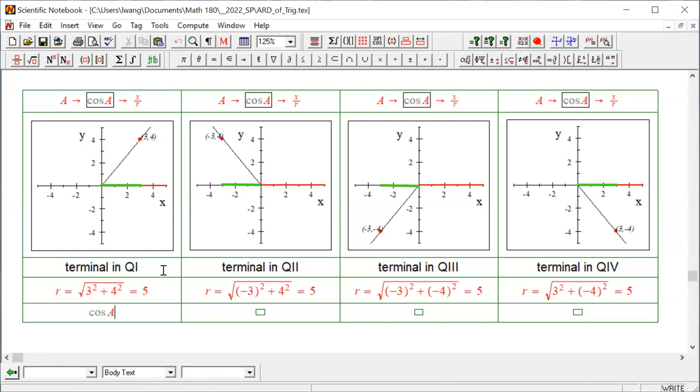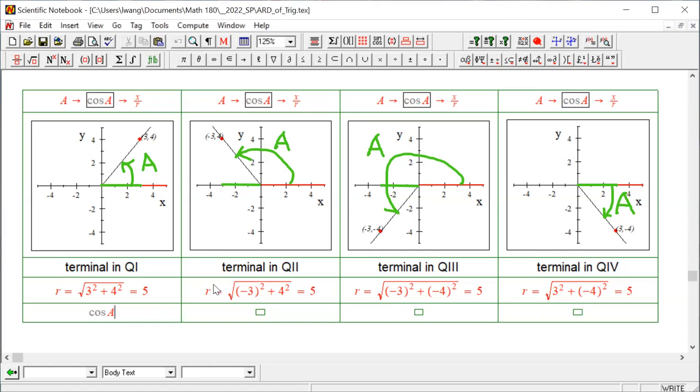So for cosine A, whatever angle we end up with, this angle A, for example, and this other angle A, or this angle A, they're different angles, and they determine it in different quadrants.